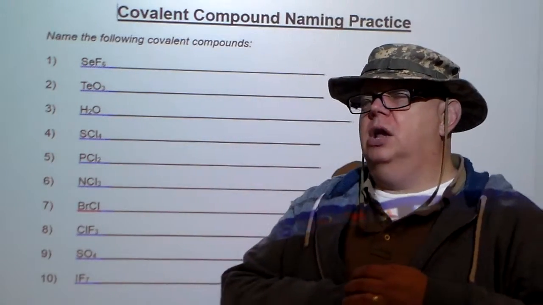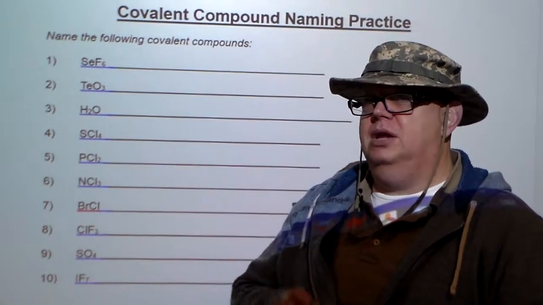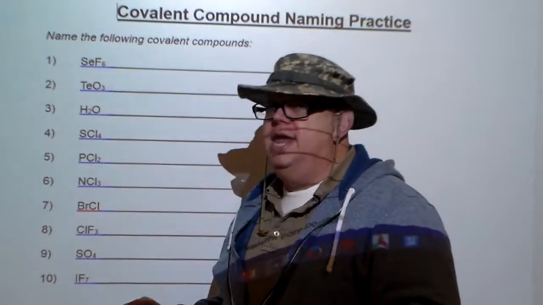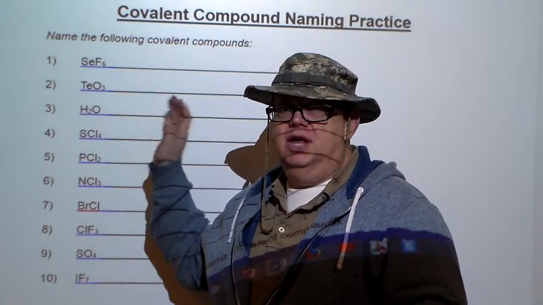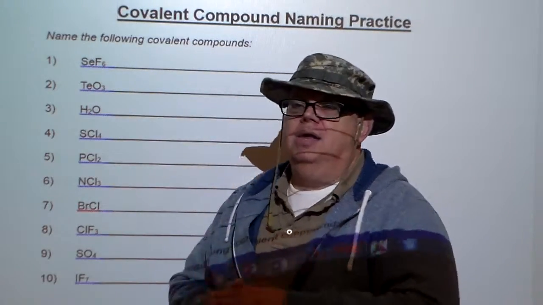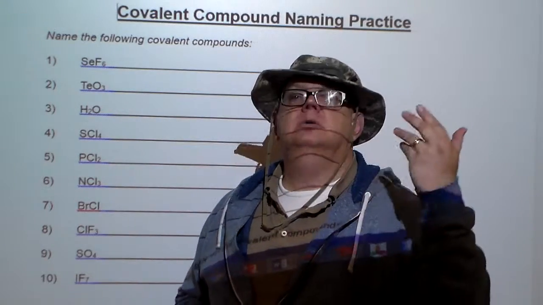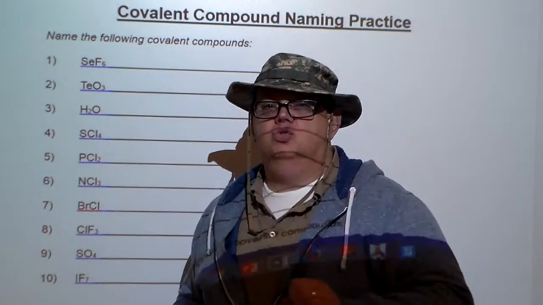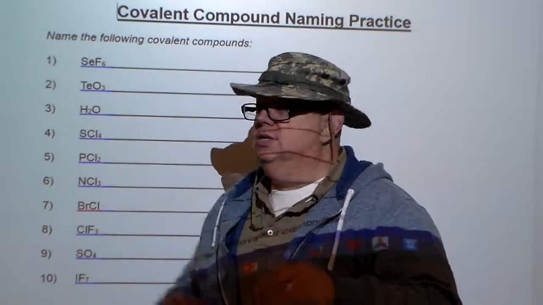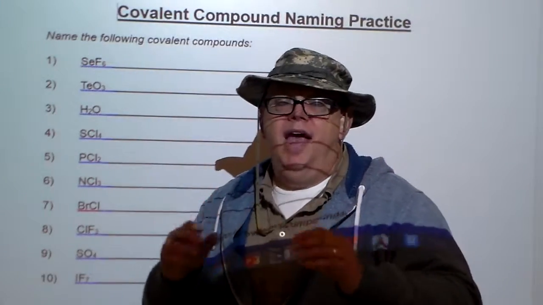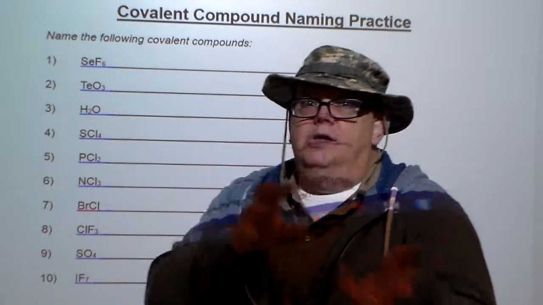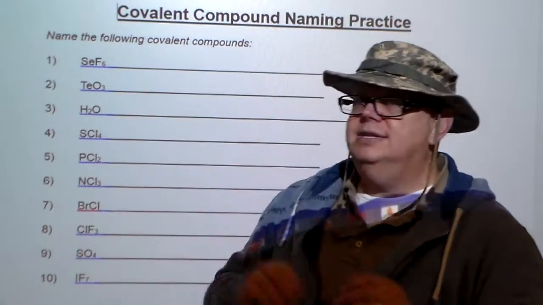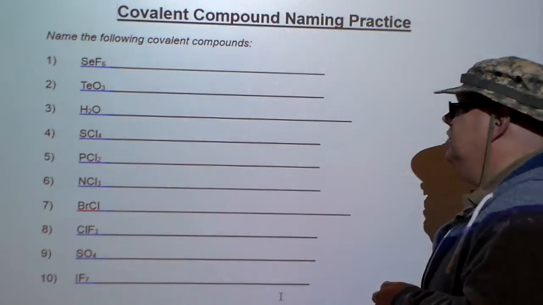When naming covalent compounds, it's a little bit different because we tend to use numbers to identify how many of the first and/or second part that we have, unlike binary ionic compounds like sodium chloride or potassium nitrate or calcium benzoate. We don't talk about how many we have of benzoate in calcium benzoate. We just say calcium benzoate and that's it. But in covalent, that's a little bit different.